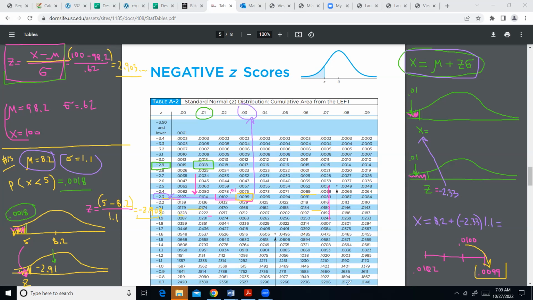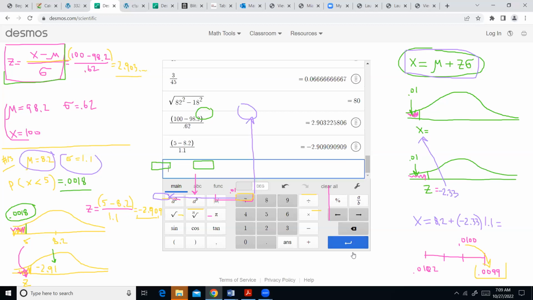So now we're going to be looking at the new calculation. I just want to clean this mess a little bit, right? So let's get this 8.2. So I just enter all that the way it is. And then plus and the minus is just minus 2.33 times 1.1.